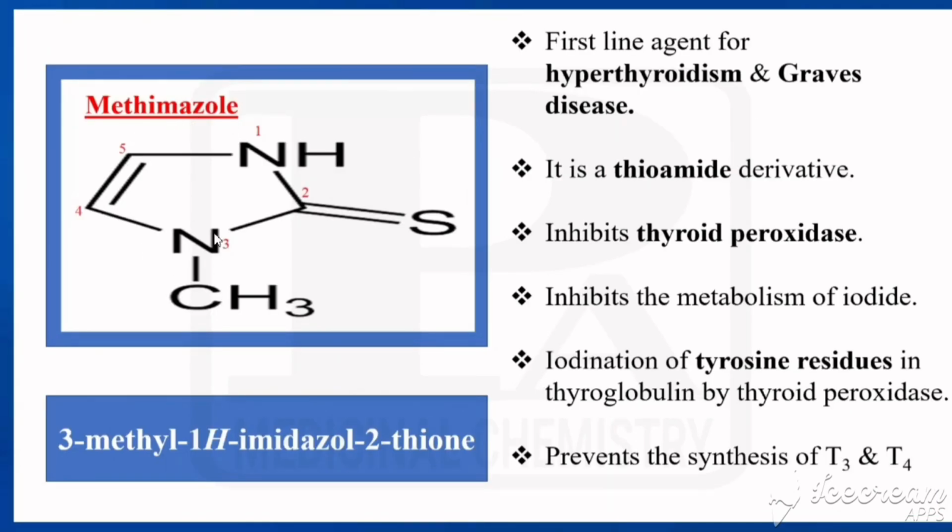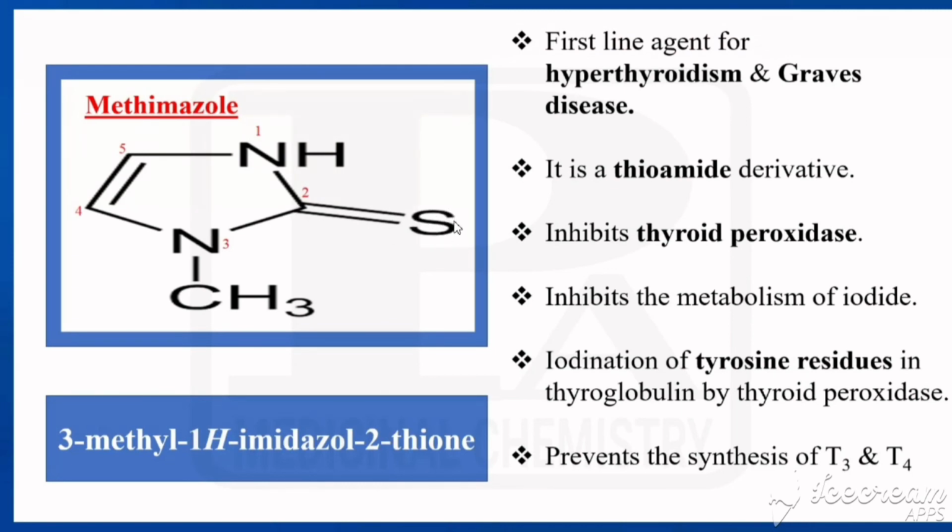The next drug is called methimazole. This is the structure of methimazole. It is having an imidazole nucleus. What is imidazole? A 5-membered heterocyclic ring having 2 nitrogens at 1,3. In the third position, it is having methyl. And at the second position, it is connected with sulfur by means of a double bond. If it is having oxygen, it should end with one.